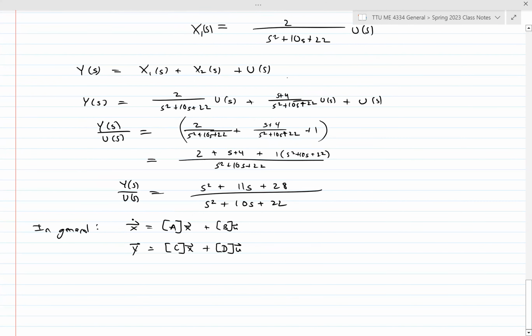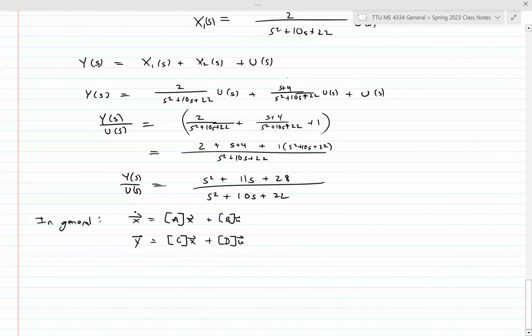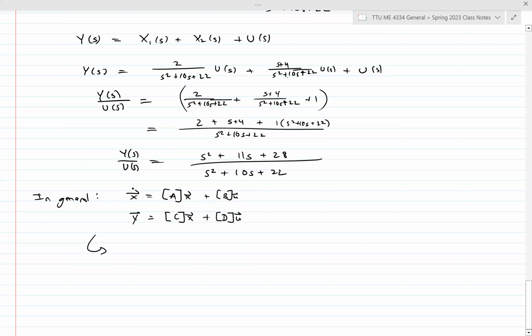One of them would be to do some sort of matrix inversion solution. The transfer function, or the family of transfer functions if we have multiple inputs and multiple outputs, would be C times (sI minus A) inverted, times B, plus D. And then you would need to simplify this.